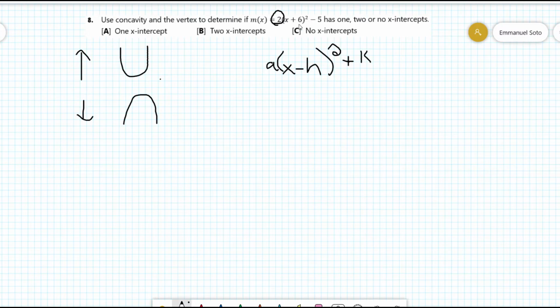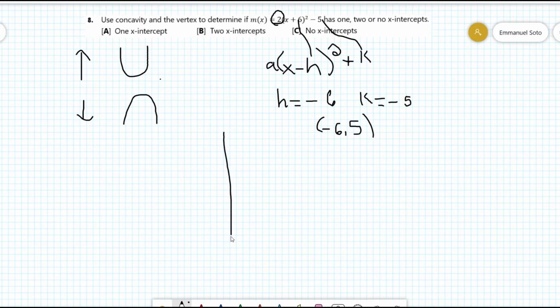Therefore, if you look at this, h is negative 6, and k is negative 5. So that means the vertex is negative 6 and negative 5. Oops. There you go. So now we're going to go ahead and try to graph this.